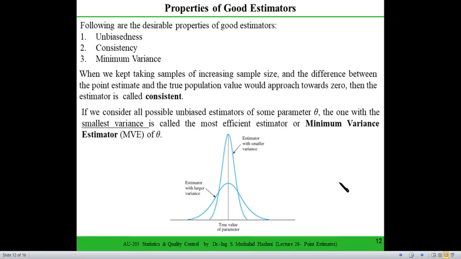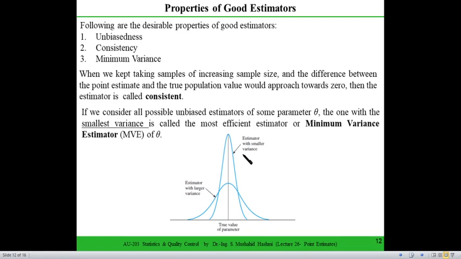MVE represents a minimum variance estimator. A large variance means more dispersion, while a smaller variance means a minimum variance estimator. So if we compare two estimators, the one with smaller variance is the better one.